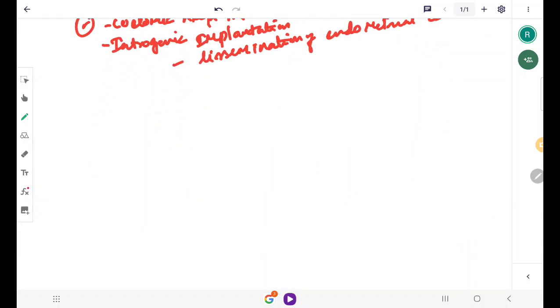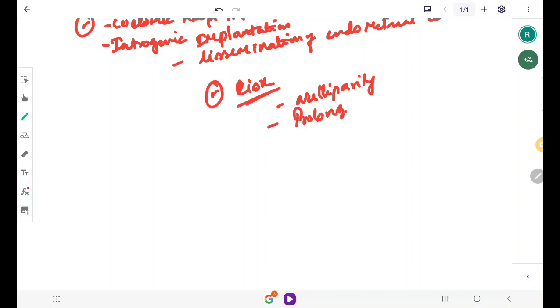Speaking about the risk factors: nulliparity, and prolonged exposure to endogenous estrogen. Endogenous estrogen is nothing but the estrogen which is produced inside the body.